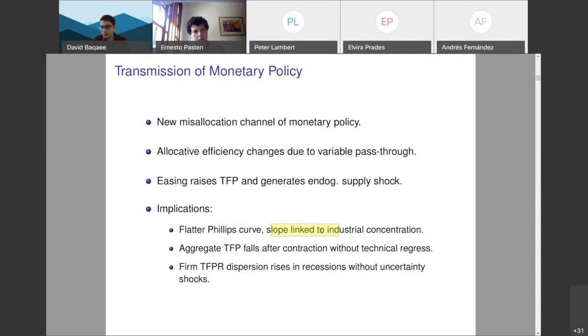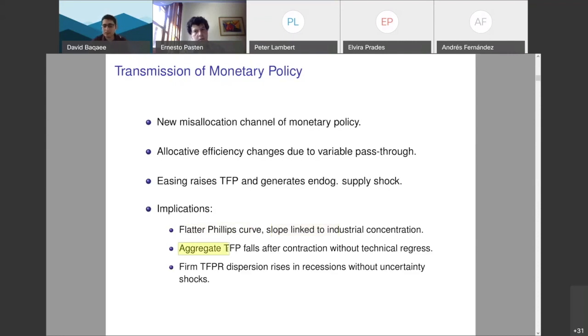Furthermore, the slope of the Phillips curve is now going to be tied down to things that have to do with industrial organization, like industrial concentration, average markups, average pass-throughs, things of that nature. And so it can change if industrial concentration, for example, changes.